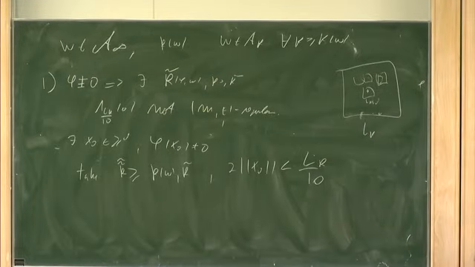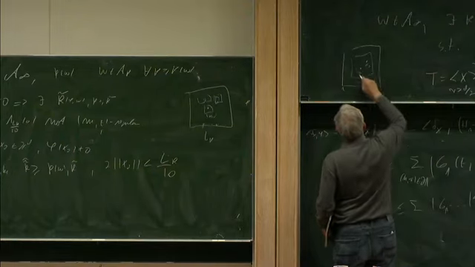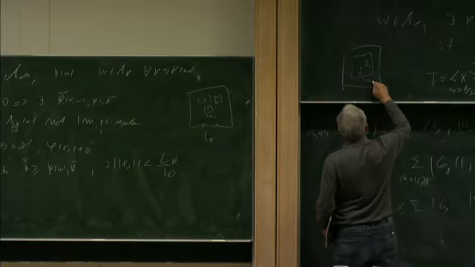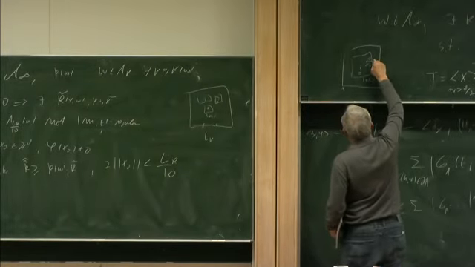So my situation is that I have the box at 0, I come here to x0, and then I take something of size L_k over 10 such that x0 is still a distance L_k over 10 from its boundary.